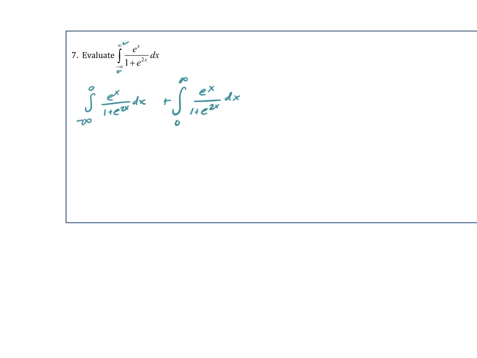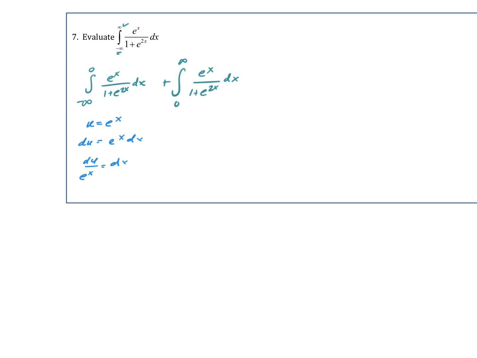So for this, I'm going to let u be equal to e to the x. du is e to the x dx, and then du over e to the x is dx. So we are going to write the limit as a goes to negative infinity, we're going to go from a to 0, e to the x over 1 plus u squared.